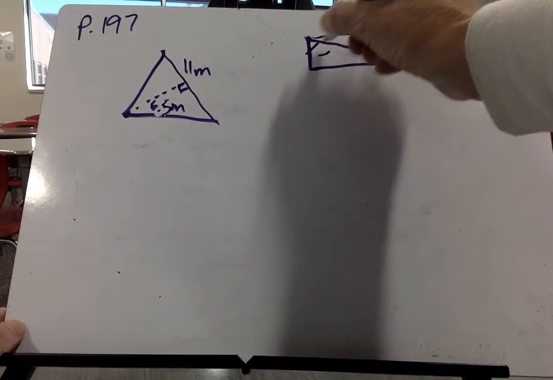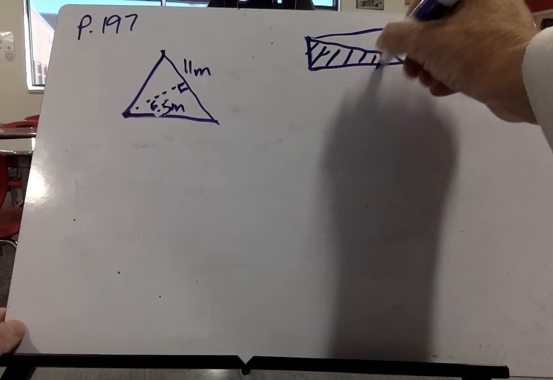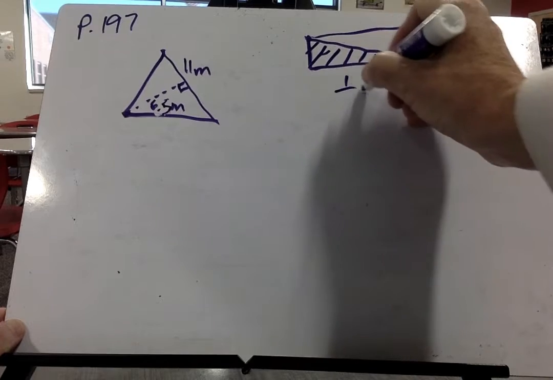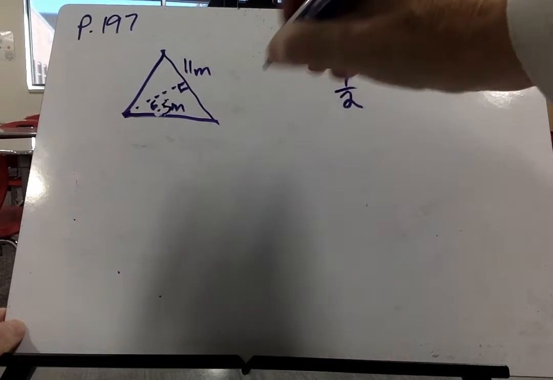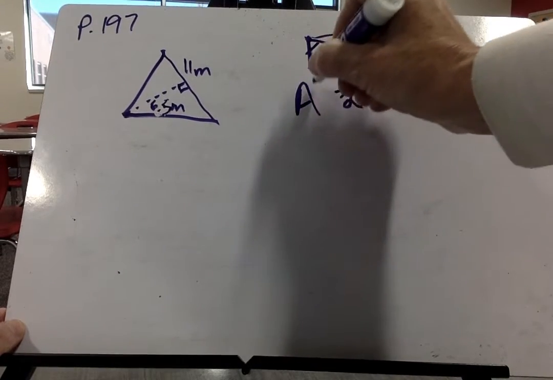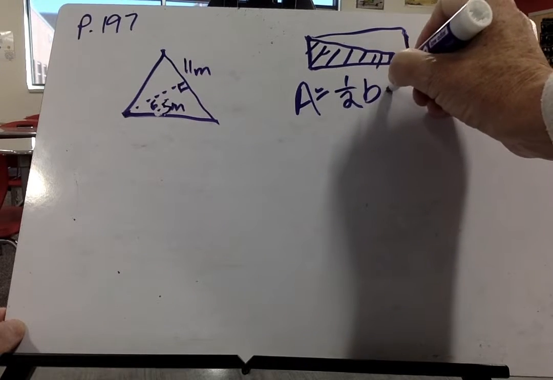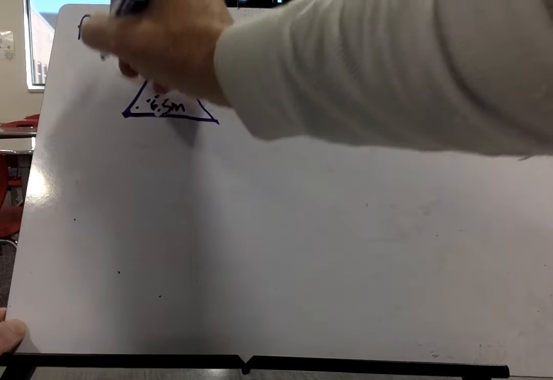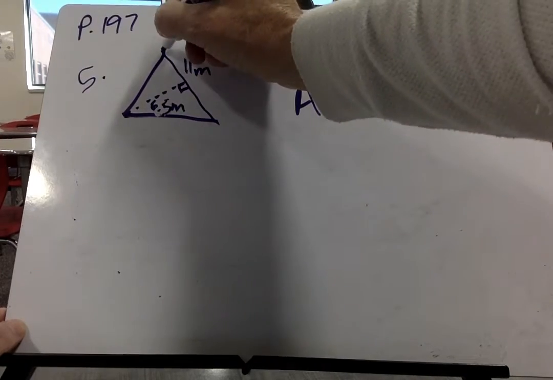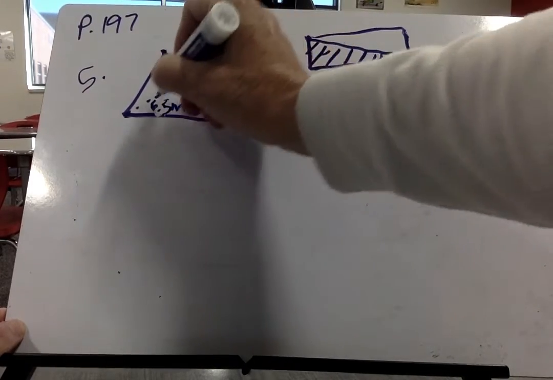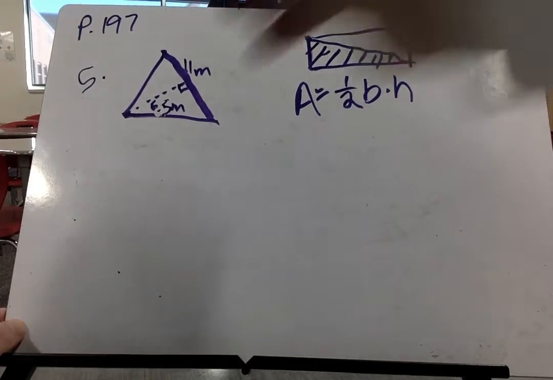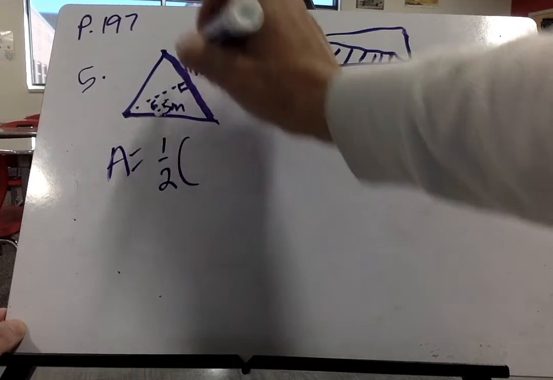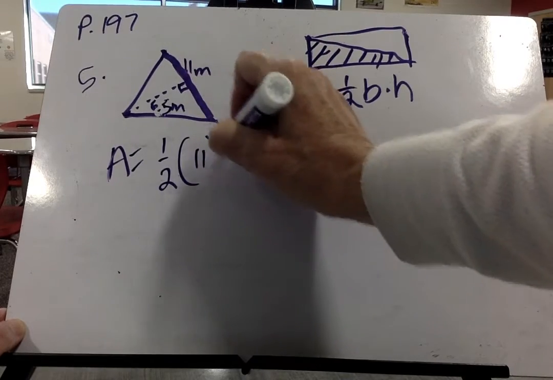See if we try to find the area of this, just the triangle there, it's half of the rectangle, right? So we say the area equals half base times height. So for number 5 here, our base is 11 right here, and our height is 6.5. So we say area equals 1/2 times the base, this is the 11, times the height.